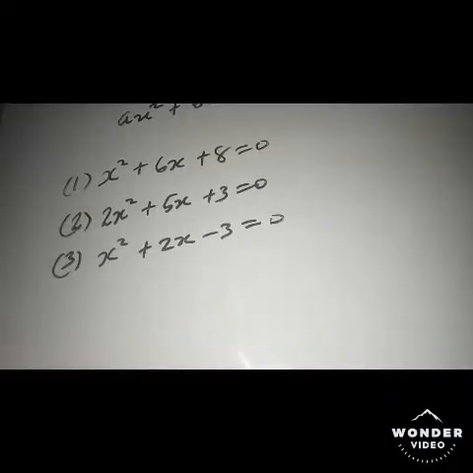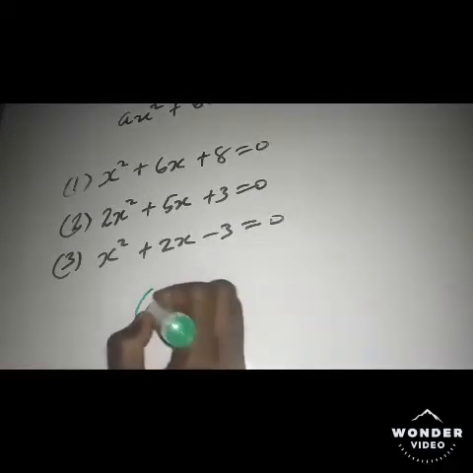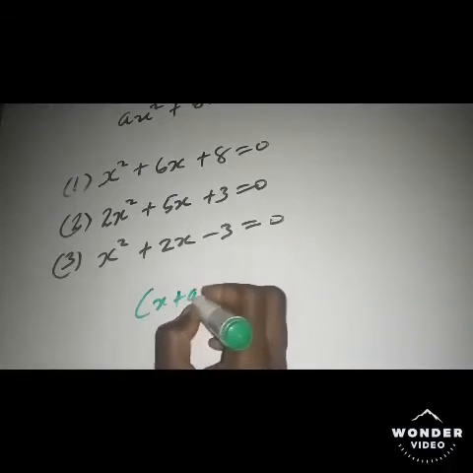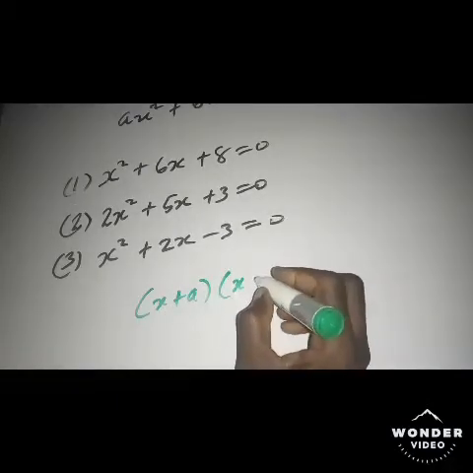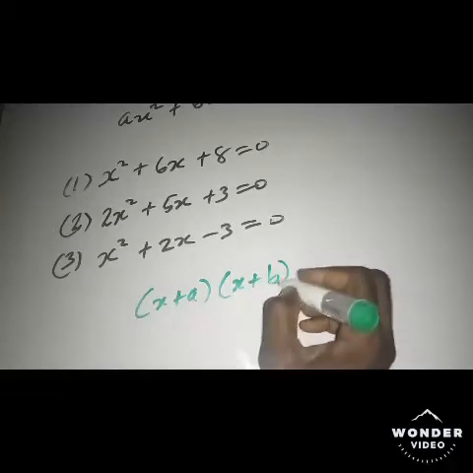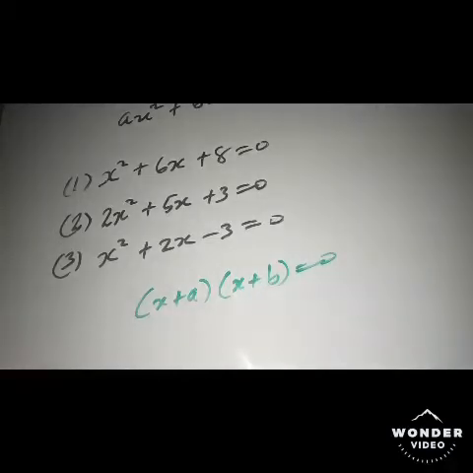Now, what does it mean to factorize? To factorize simply means to express each equation as two linear factors. So consider a case where you have (x plus a) times (x plus b) equals 0.